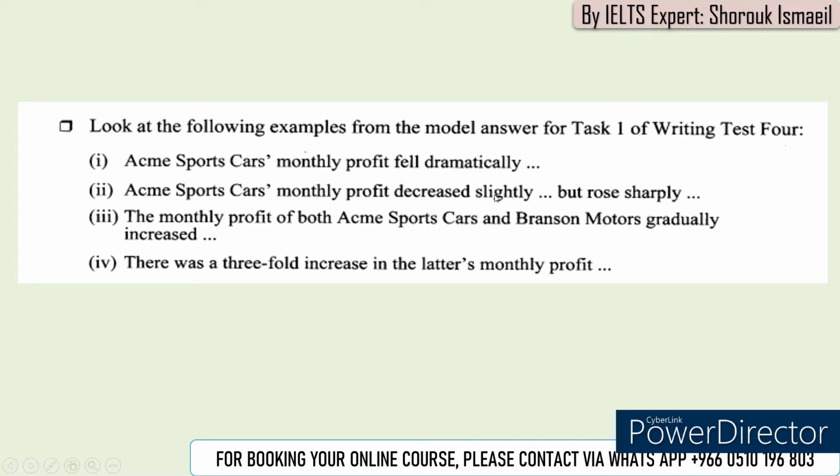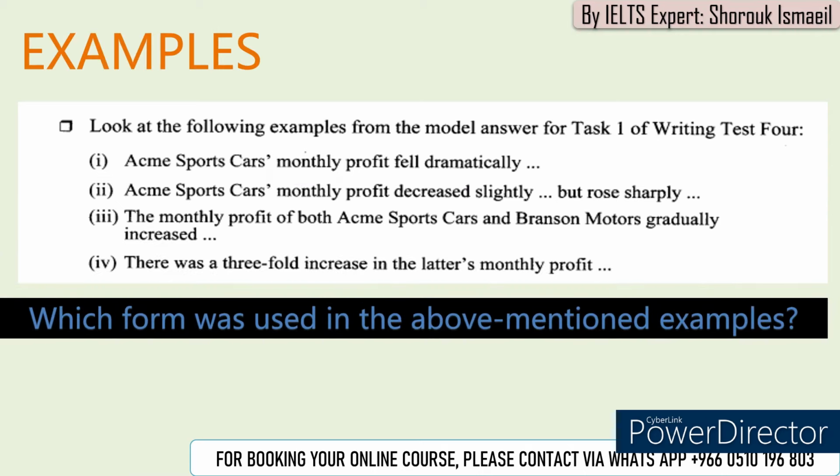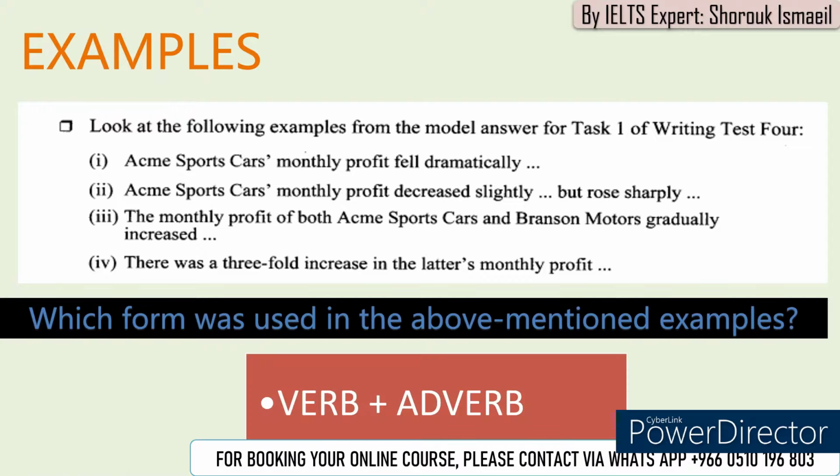A verb plus an adverb. Rose sharply. You see? So here you have a verb plus an adverb. Okay, which form was used in the above mentioned examples? It is the verb plus an adverb.